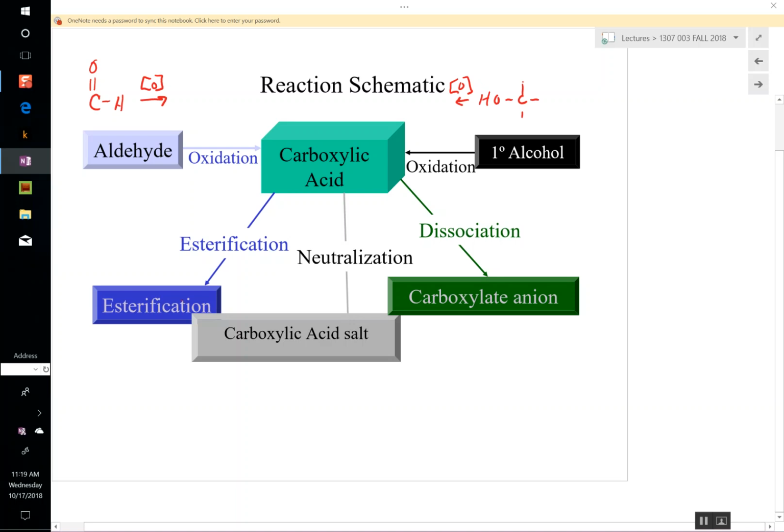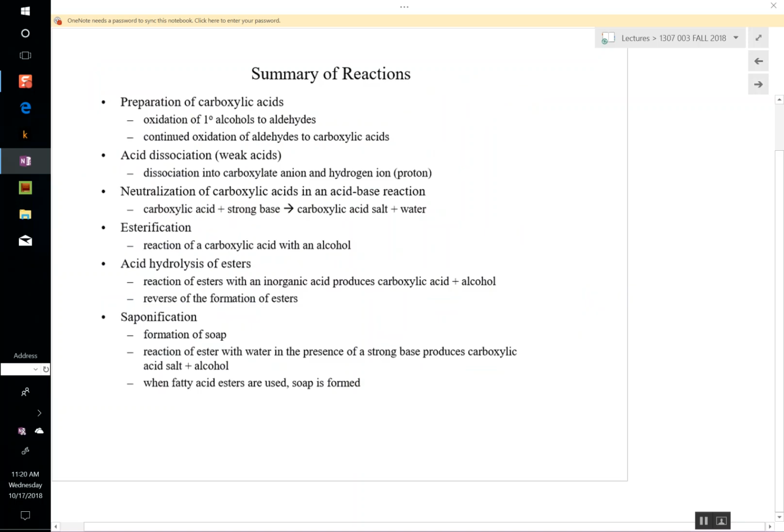All right, here's esterification, which is a carboxylic acid plus an alcohol. Here's neutralization, it's a carboxylic acid plus a base. It's an acid plus a base. Dissociation. It's just dissociating in the water, the carboxylate ion and the hydrogen ion. There's a summary in words of the various different reactions.